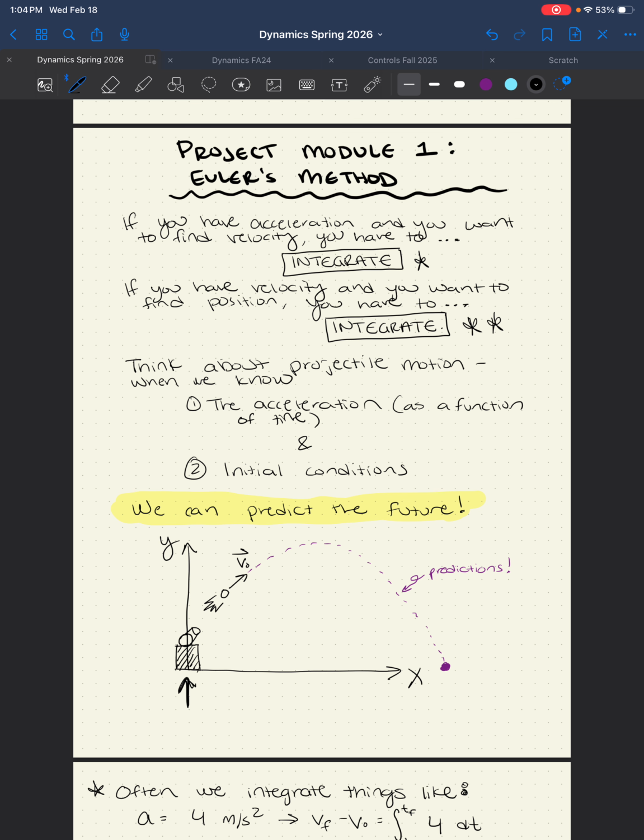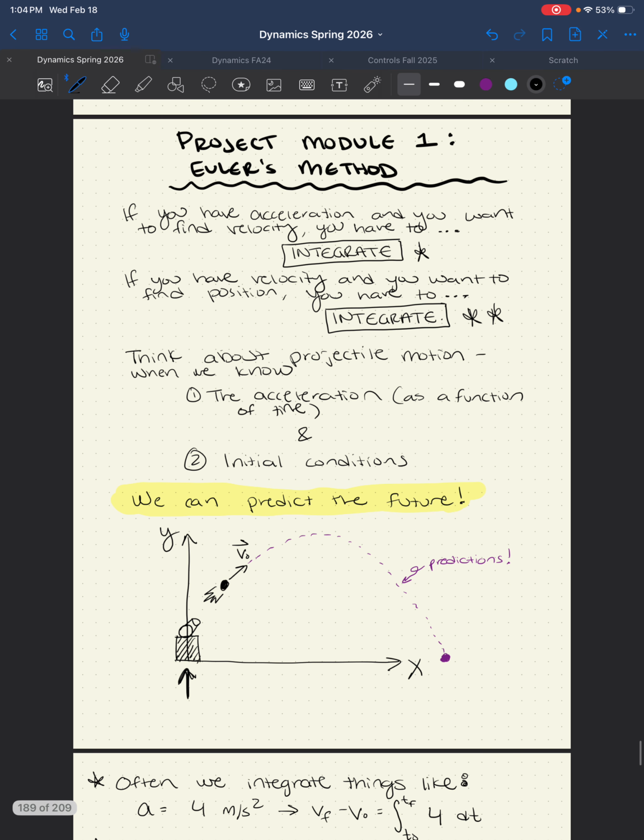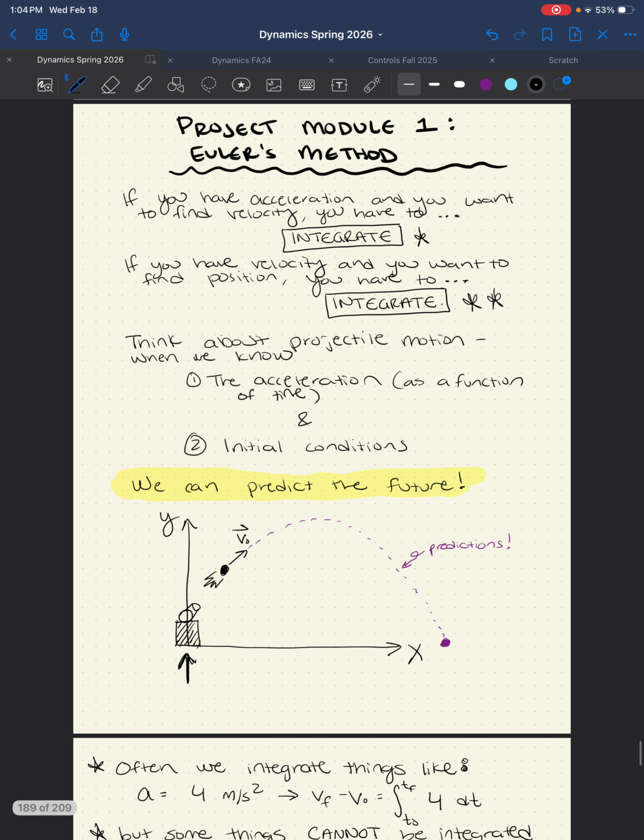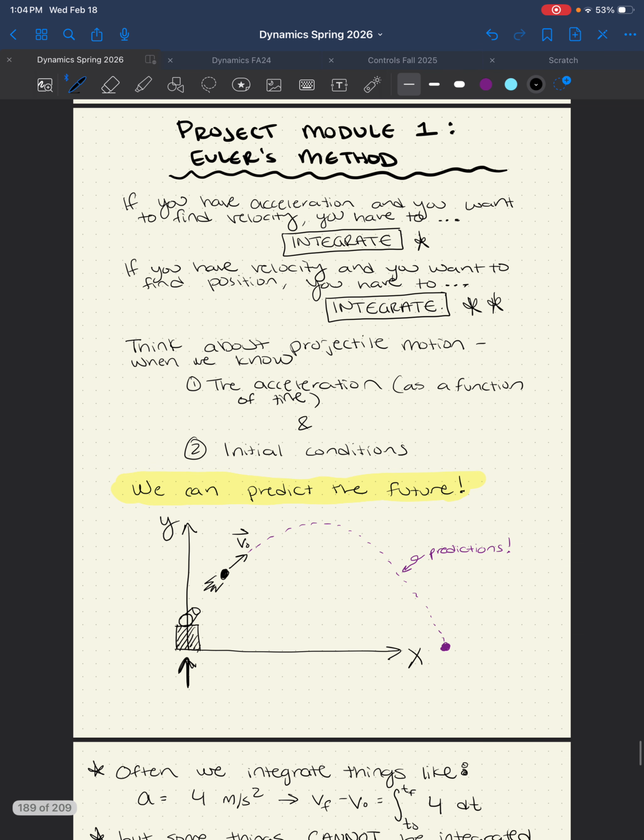So if we have this kind of canonical cannonball being shot out of a cannon picture here, as long as I know V0 and P0, so the position and the velocity only at the first time step, I can predict this parabolic path in purple for the rest of the time steps throughout the flight. And that's really, really cool. And the way that I do that is by integrating.